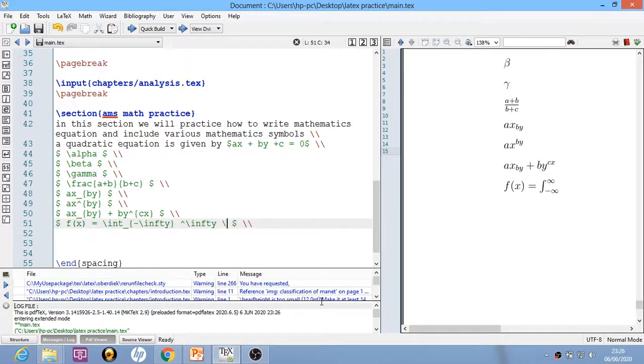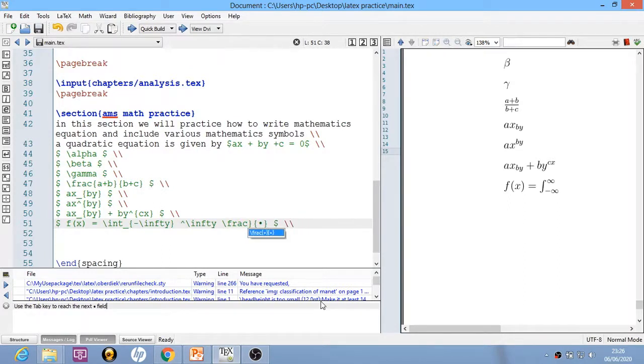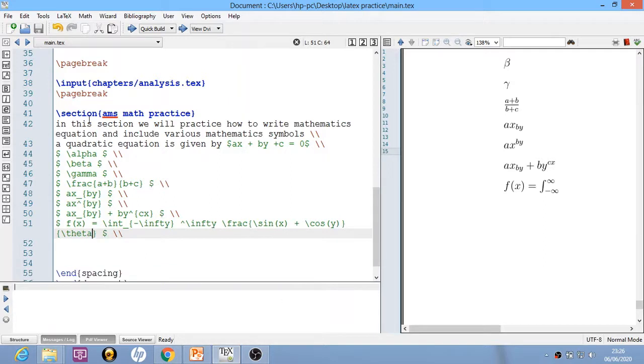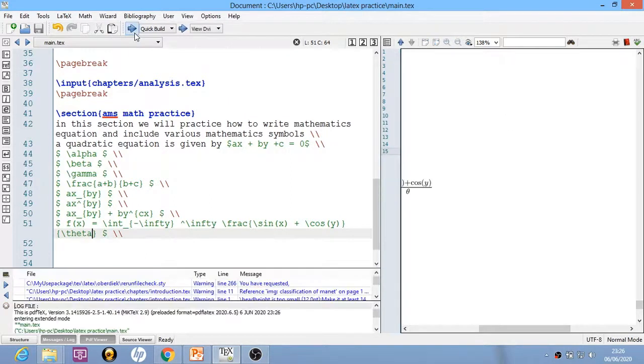Okay, so again, if you want to add a fraction of sin x plus cos y upon theta, instead of using direct sin x, I will use \sin x plus \cos y upon theta, and again I will compile this code.